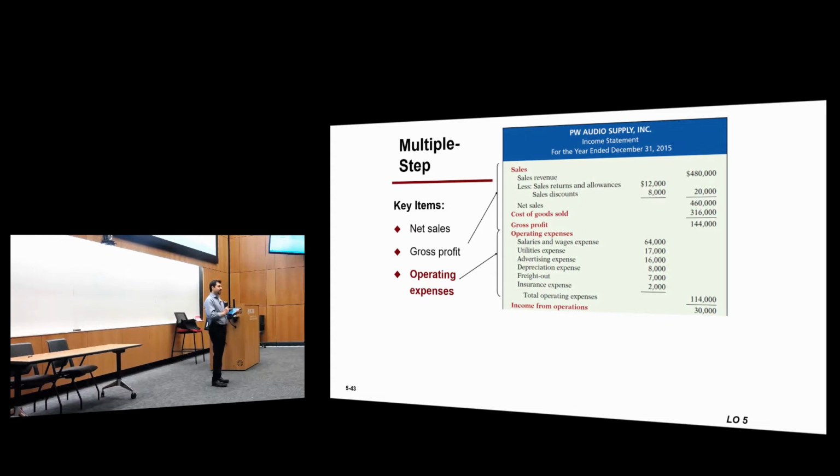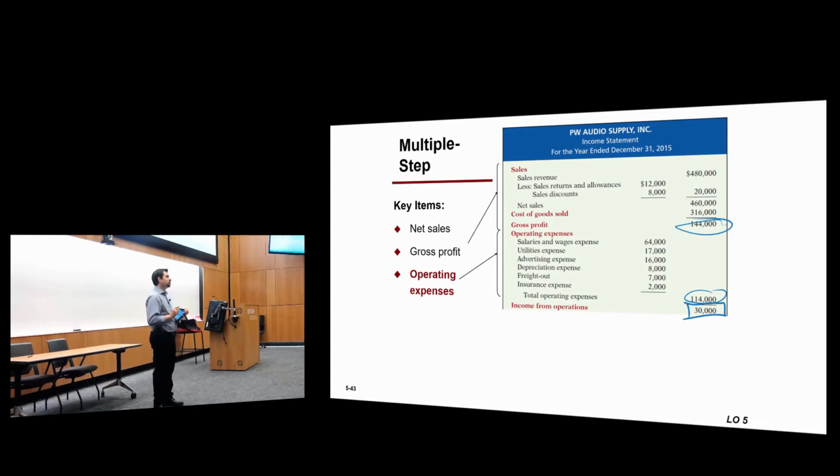Okay, so you have operating expenses. It will give you the total operating expenses. Subtract that amount from gross profit. So this is why they call it multiple step. We started with sales, we got to net sales. We subtracted from that cost of goods sold, we got to gross profit. From gross profit, we subtract total operating expenses, it will give us net income, or income from operations.